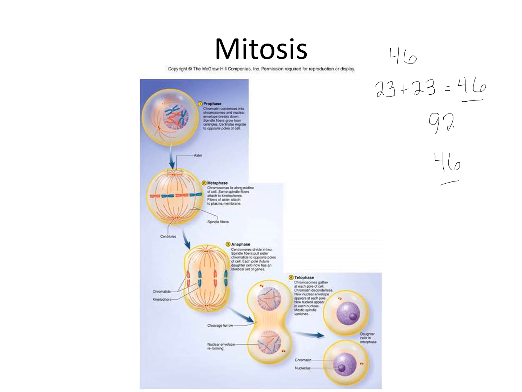So we have DNA replication, that leads to 92 chromosomes, and then division, which again leads to 46 chromosomes.